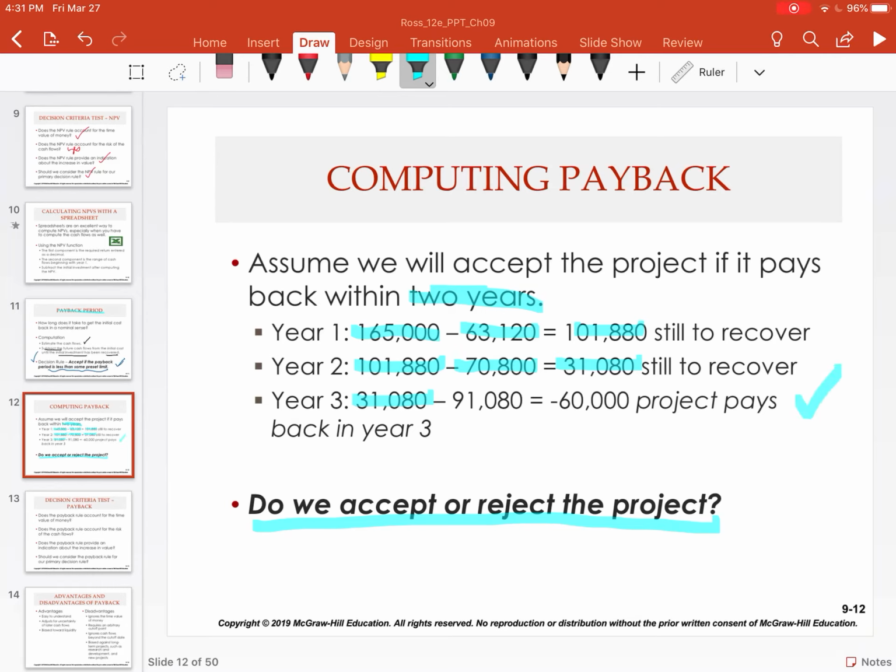If you remember, in the beginning we said we accept if the payback period is less than some preset limit, and our preset limit was 2 years.